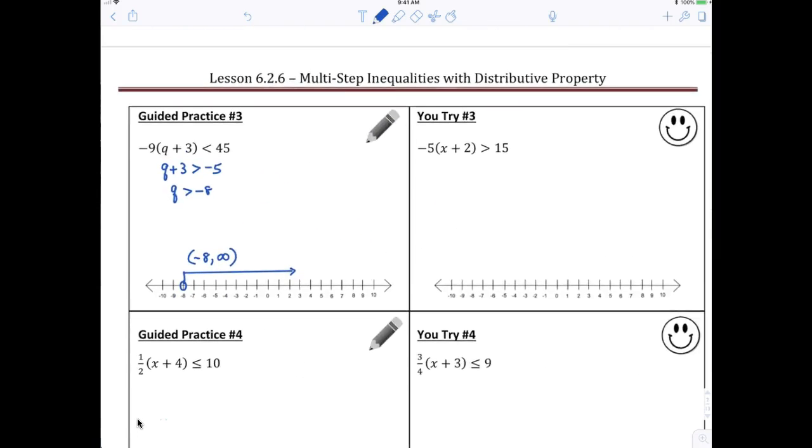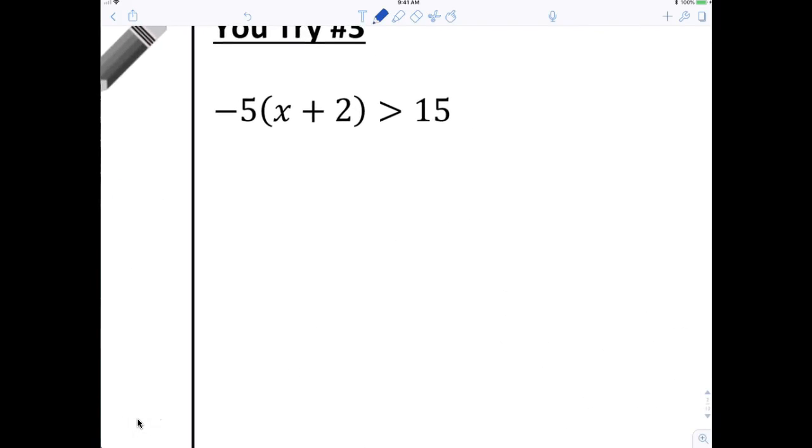All right, here we go. Let's try one more over here. What am I doing here? Divide by negative 5. So x plus 2 is less than negative 3. So final answer, x is less than negative 5.